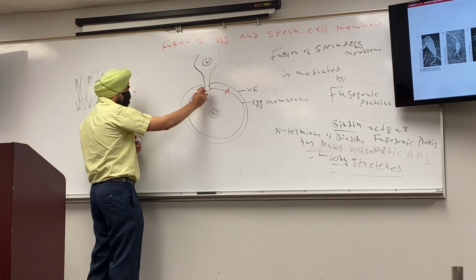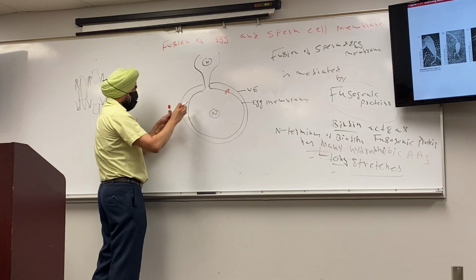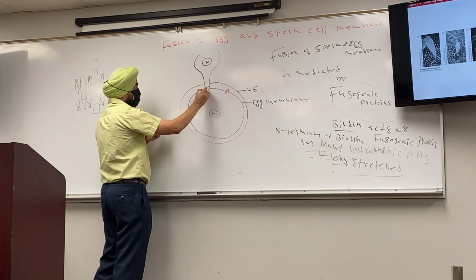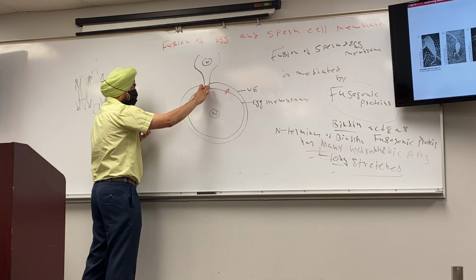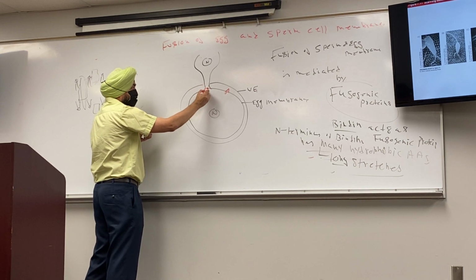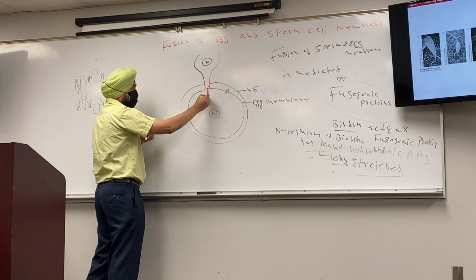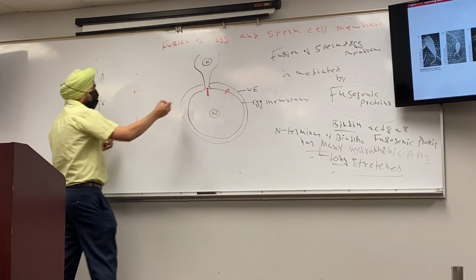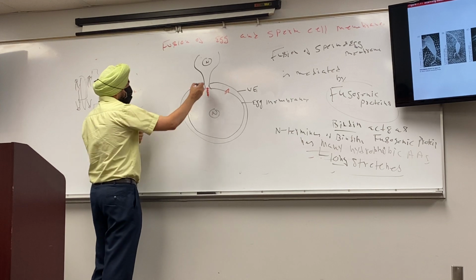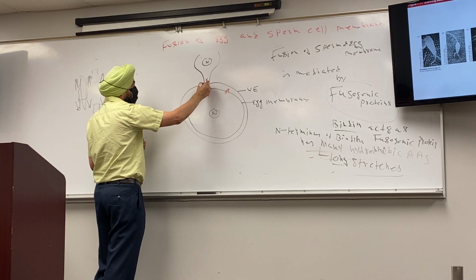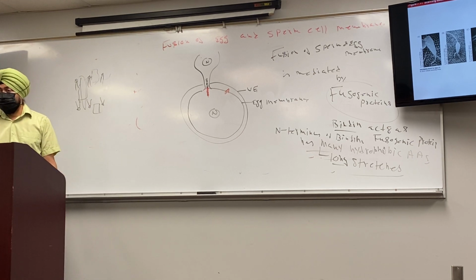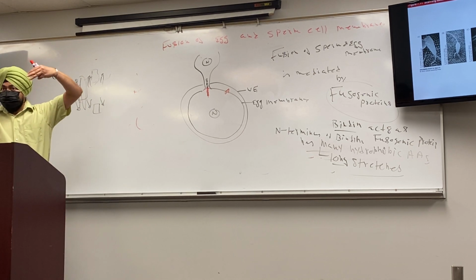So right here, where the fusion took place, there was a microvillus. And that caused the fusion. Now, here is actin on the egg side, right? Right here was also actin on the sperm side. Cytoskeletal proteins are there, right?